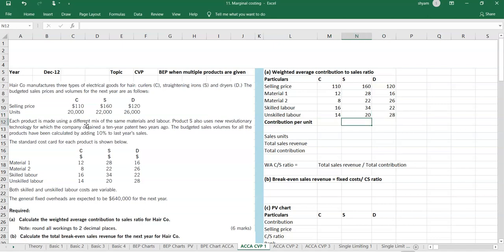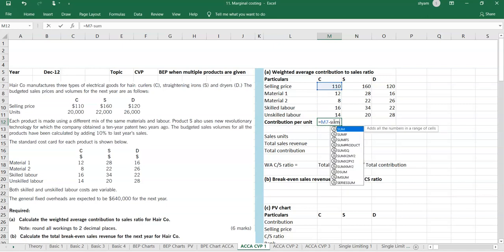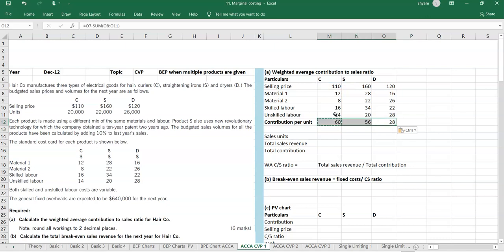Okay, so he has clearly said that skilled and unskilled labor are variable. Material cost is always variable. So all these four costs are variable cost. So when we deduct, we'll get the contribution. So let's get the contribution. So we got the contribution.